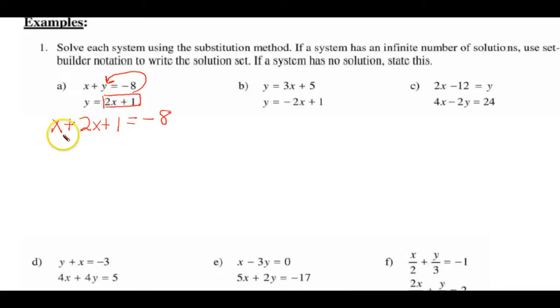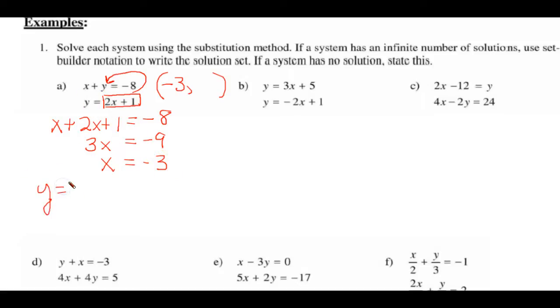So we solve that, group like terms, 3x, transpose the +1, this side becomes a -1, so that's -9, and we divide both sides by 3, x equals, need to be careful of the signs, a -3. So we now have one member of our ordered pair, the -3. Now that we know that x is a -3, we could use this equation.